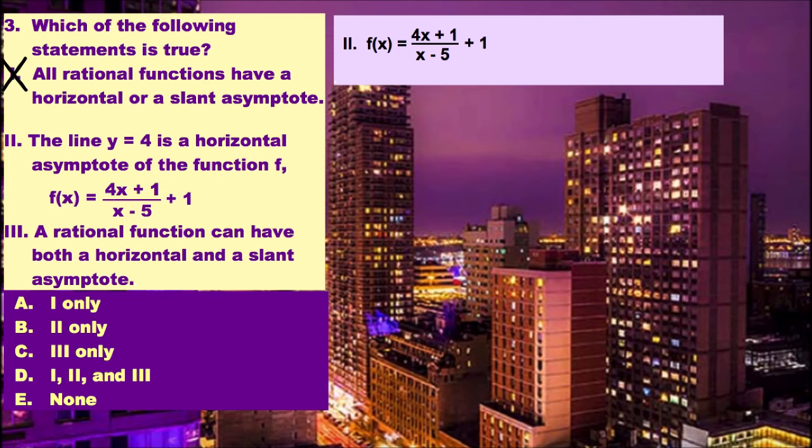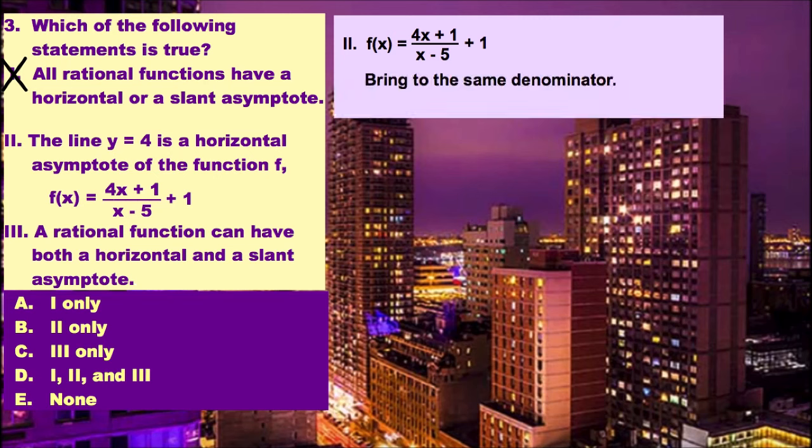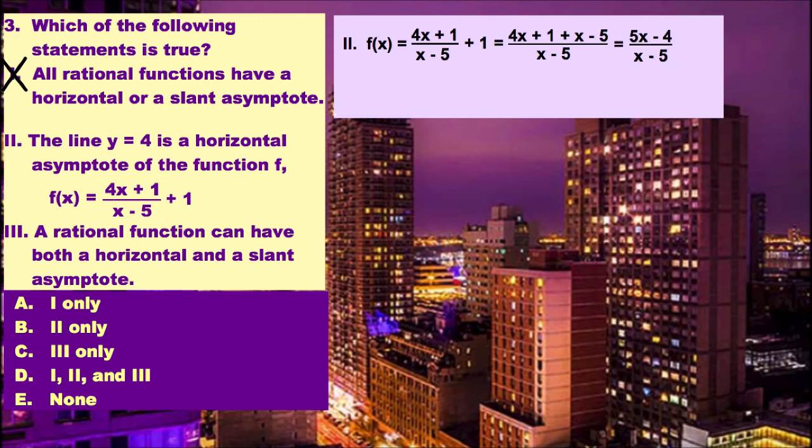Statement 2. The line y equals 4 is a horizontal asymptote of the function f, where f of x equals 4x plus 1, everything over x minus 5, everything plus 1. Bring to the same denominator. Equals 4x plus 1 plus x minus 5, everything over x minus 5, which equals 5x minus 4 over x minus 5.